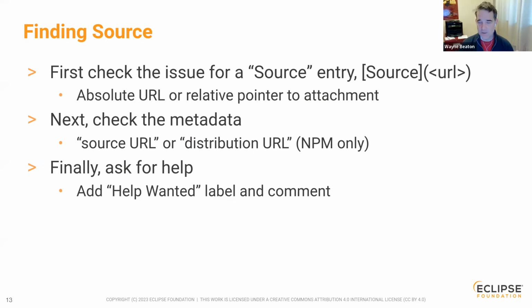The nature of Node is that the distribution we have found tends to have the license information in it. The distribution actually tends to be better because it effectively contains the source for just the content that you're actually using. Source URLs tend to have lots of extra stuff that we have to parse out. Finally, if it can't find the source anywhere, it asks for help.